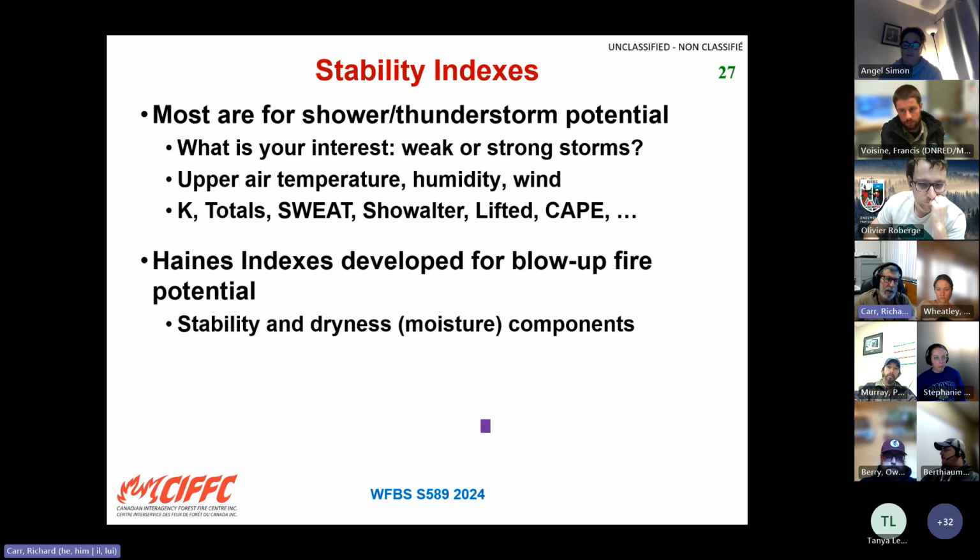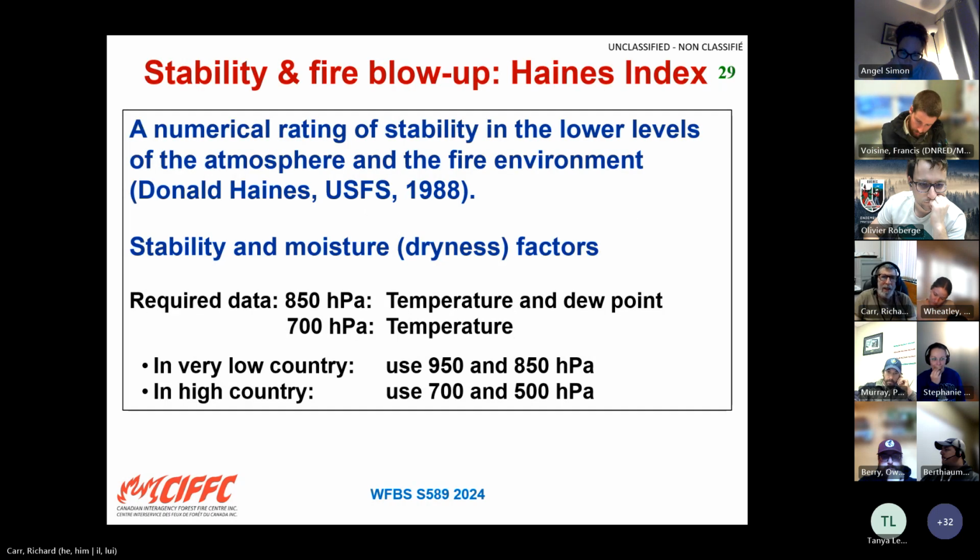Now, for fire purposes specifically, the Haines Index was developed in the 1980s in the US, by Donald Haines, and it just has two components, stability and dryness, or moisture. So we've got, once again, standard levels, 850 hectopascal temperature and dew point.